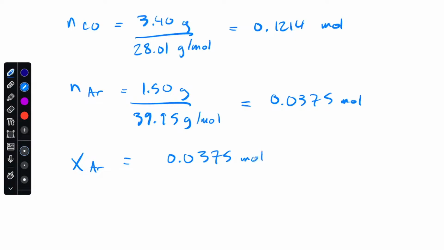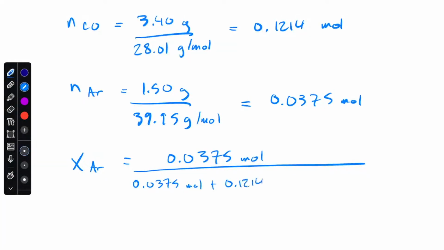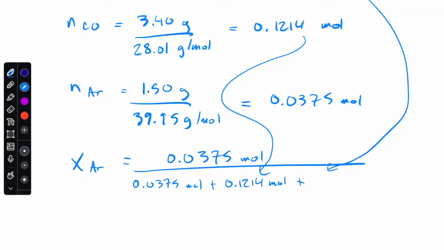0.0375 moles divided by 0.0375 mole plus 0.1214 mole plus, that's that one, and then finally this one, 0.0568 mole.